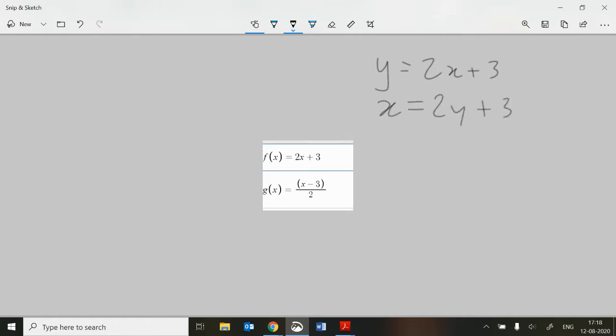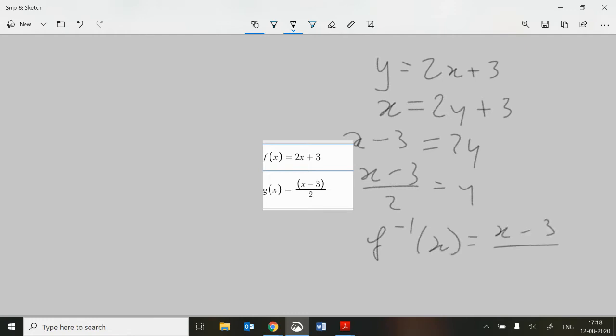Okay, we're basically switching the axes, which is what I was just explaining. And so we're switching around the coordinate points, and then let's rearrange for y. So let's say x minus 3, and then divide by the 2. Now, this is your inverse function. So f to the minus 1 of x is x minus 3 over 2.